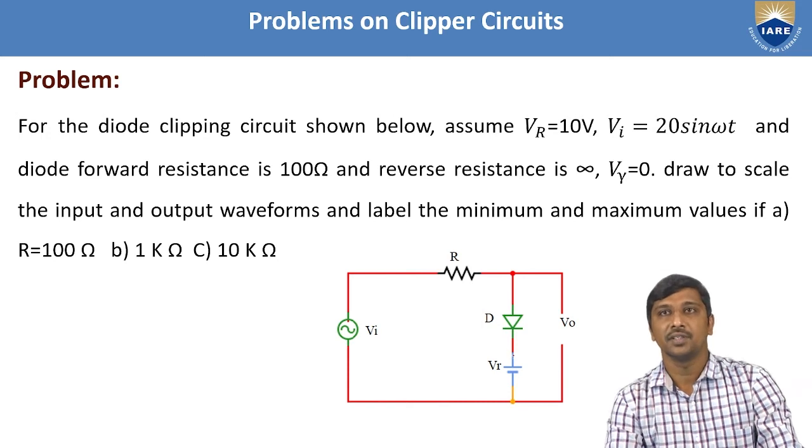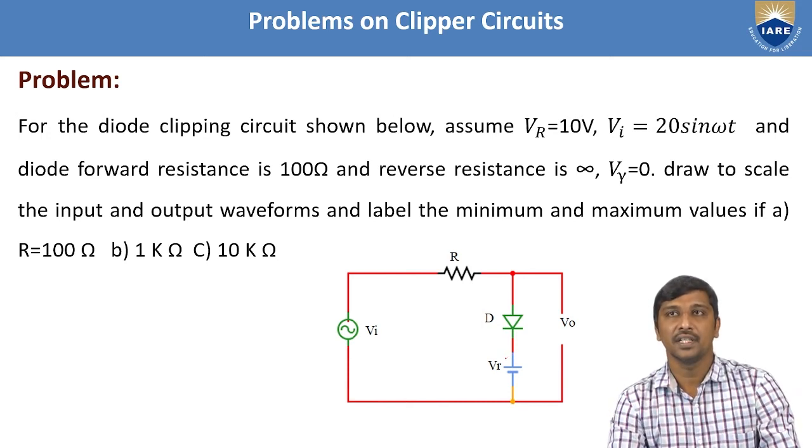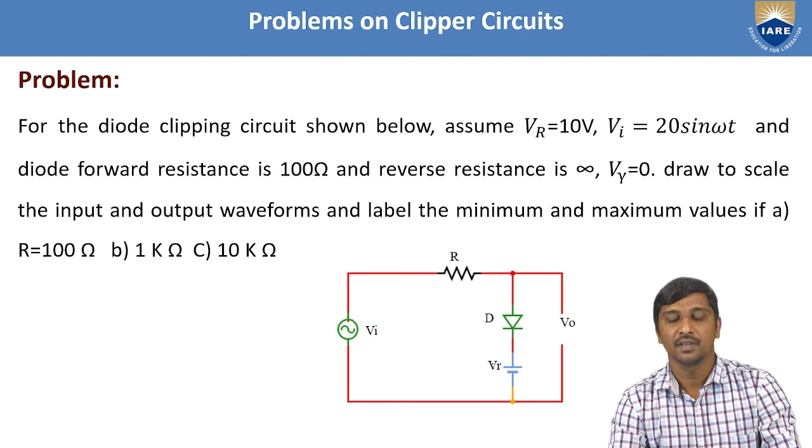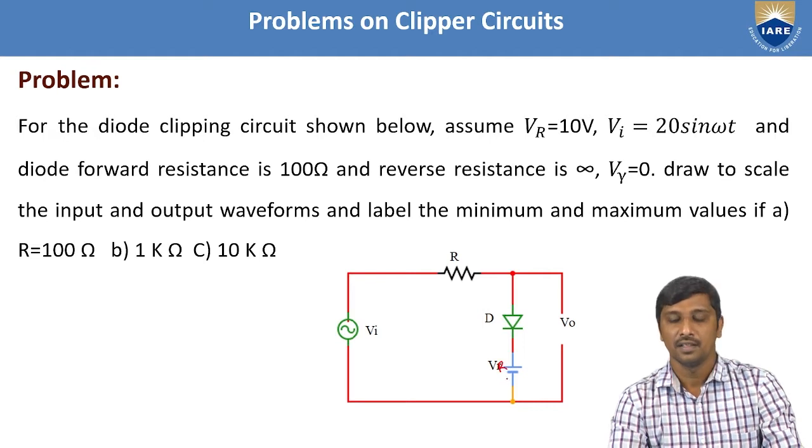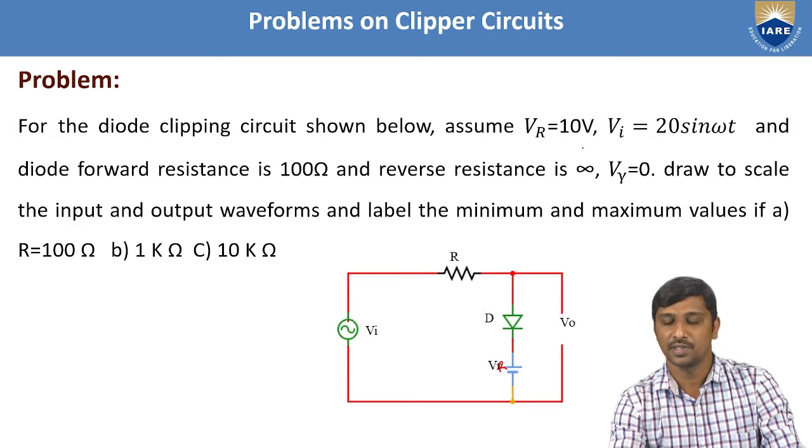For this given circuit, we need to find the output voltages with respect to clipping circuit analysis. Here it acts as a positive clipper with respect to some reference voltage, VR. This reference voltage is represented as 10 volts and the input signal is 20 sin ωt.